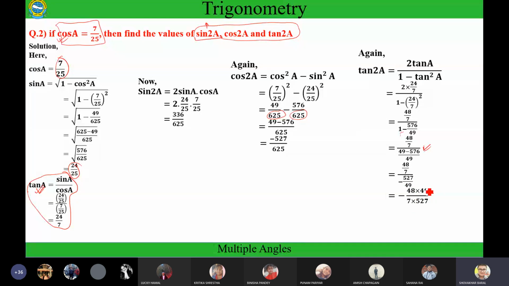I'm doing the cross multiplication, sorry, the reciprocal of it. This 49 will be multiplied with this 48. So 48 times 49, and 7 times 527, and if you multiply it, it will be 2352, and minus 2352 upon 4760. This is your answer of tan 2a.